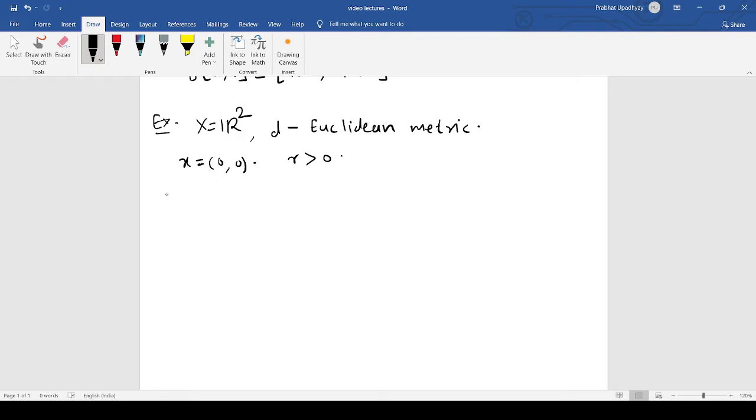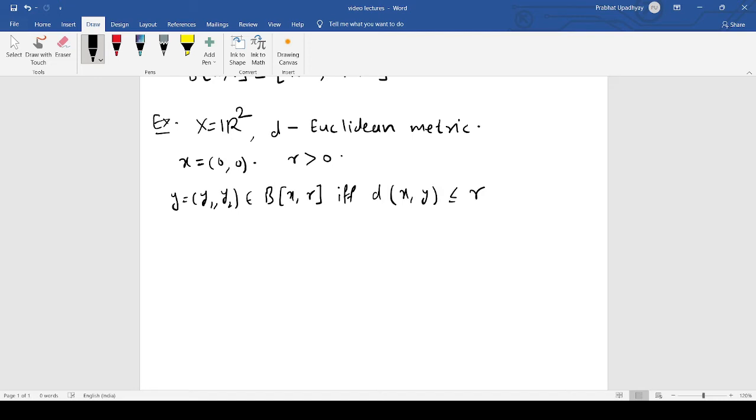So again, an element, say y = (y1, y2), belongs to closed ball centered at x of radius r if and only if distance between x and y is less than or equal to r.